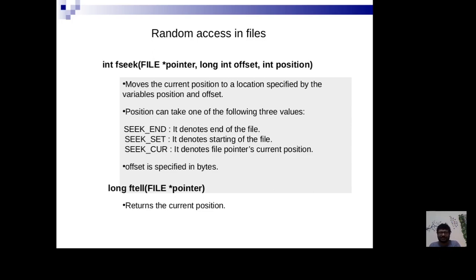Here is a function, fseek, that updates the current position. It takes in 3 arguments. The first one is the file pointer. The second one is an offset, which is a long int. And the third one is a position. The position has 3 possible values, these 3 macros.